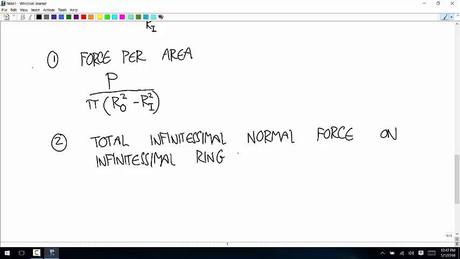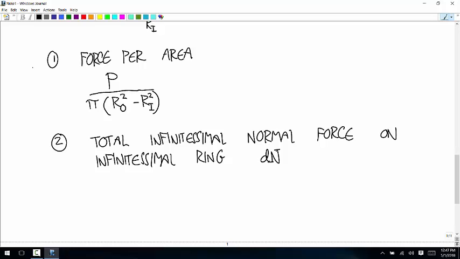And this total infinitesimal normal force is going to be dN. I called it that because that's what the textbook calls it, but it's just the force pushing those together. You'd call it whatever.